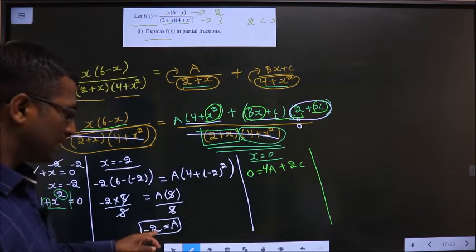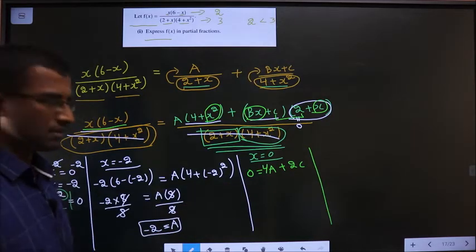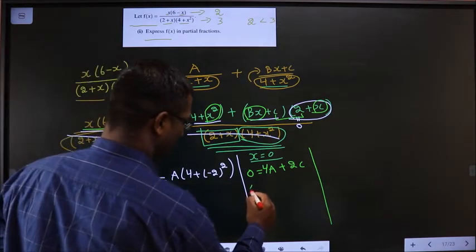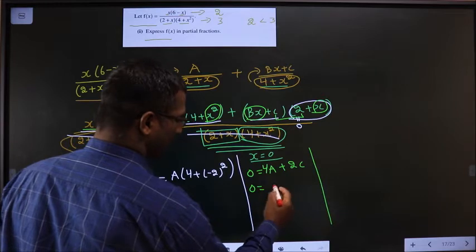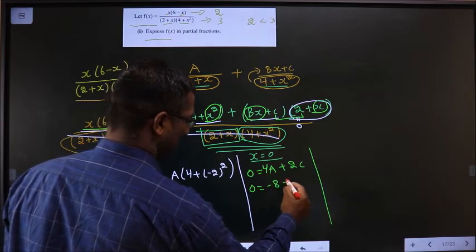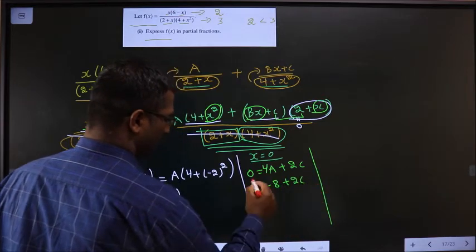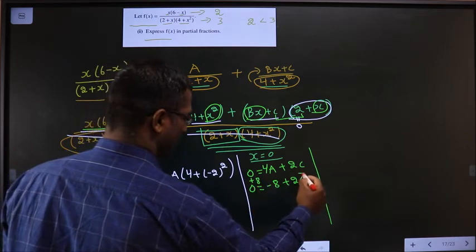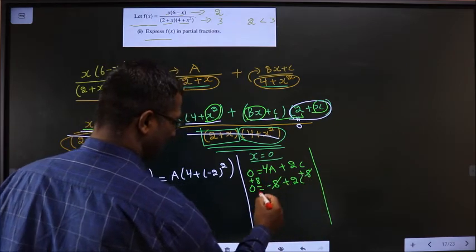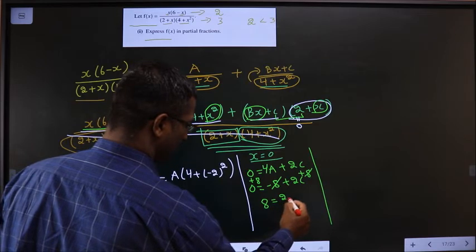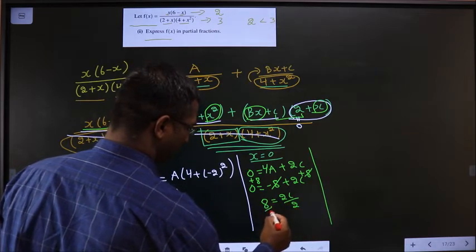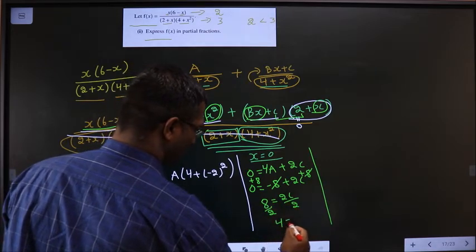Now substitute a equal to minus 2 in this. So what do I get? 0 equal to 4 times minus 2 is minus 8 plus 2c. Now add 8 on both sides such that this cancels out. 8 equal to 2c. Now divide by 2. So 4 equal to c.